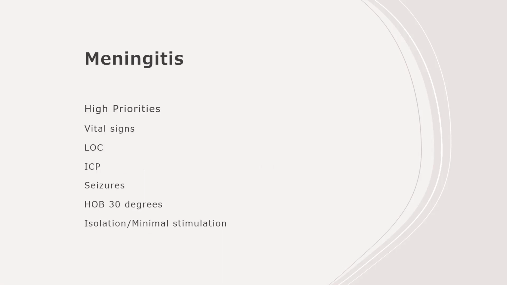So how do we treat meningitis? We have some high priorities. This is not all inclusive, but this is kind of like the highlights of what an NCLEX would ask you. So of course, vital signs, those are going to be your first indication that there's a status change in your patient. Level of consciousness, intracranial pressure is very, very important.